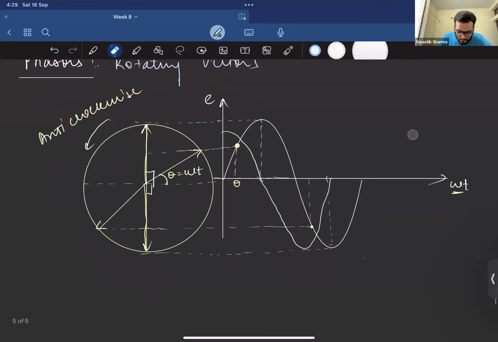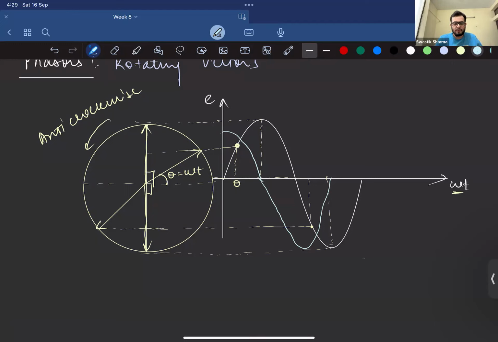So this is up to you. You can draw the similar circle on this same phasor, and you'll find out how the quantities are moving with respect to each other.